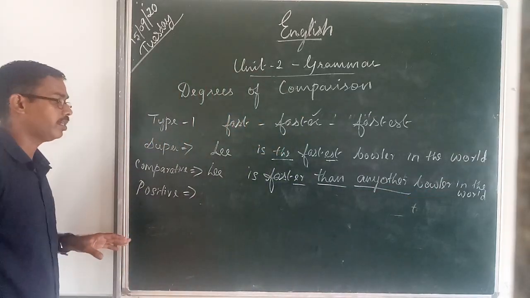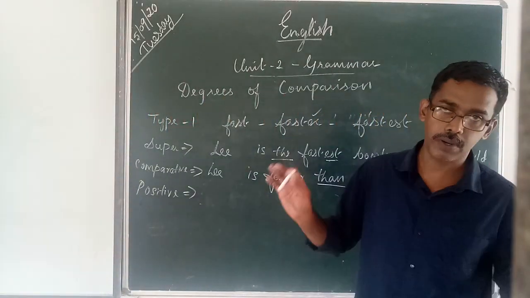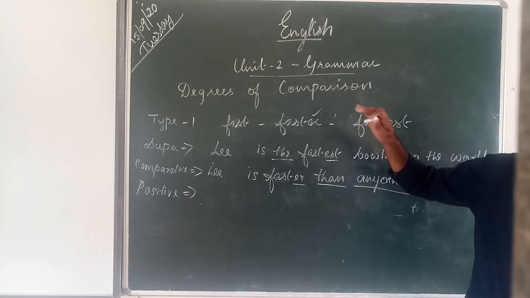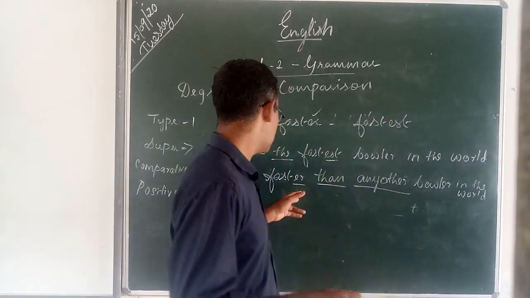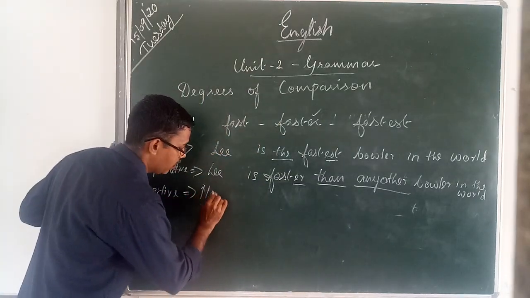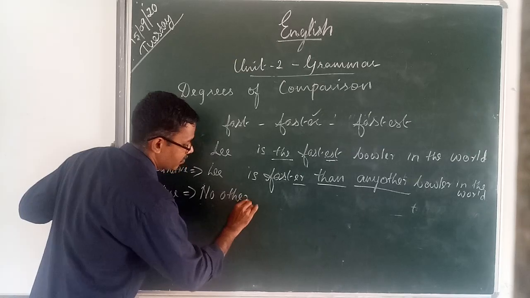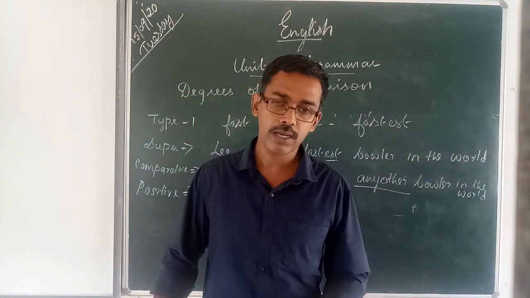When you write the positive degree, I already told you, if you are considering only one person as the topmost, listing only one person as the topmost of the list, you have to mention "no other". For listing only one person, the negative should be "no".